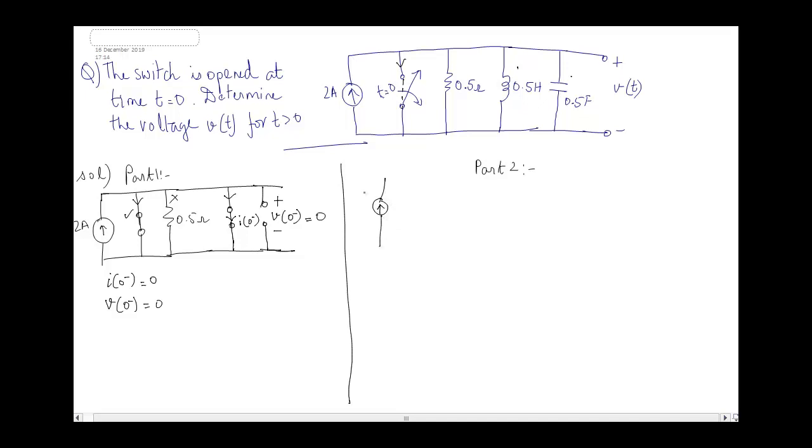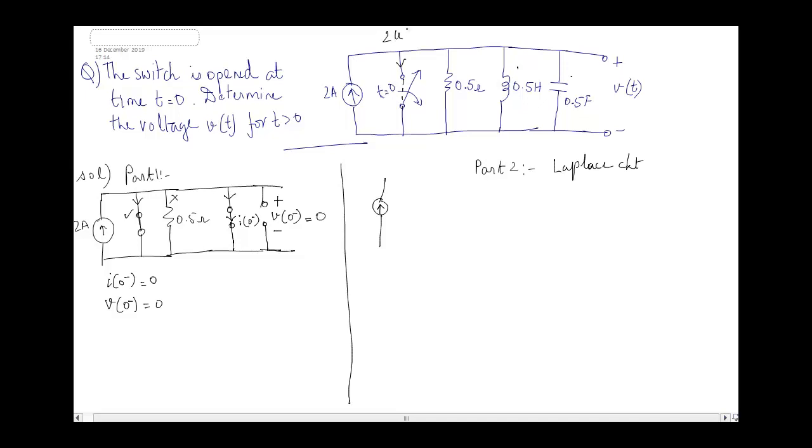Now here we have to draw the Laplace circuit. If you remember, we always draw the Laplace circuit. Remember, the switch is getting opened at t is equal to 0, so the 2 ampere current source comes into play only at t equal to 0.